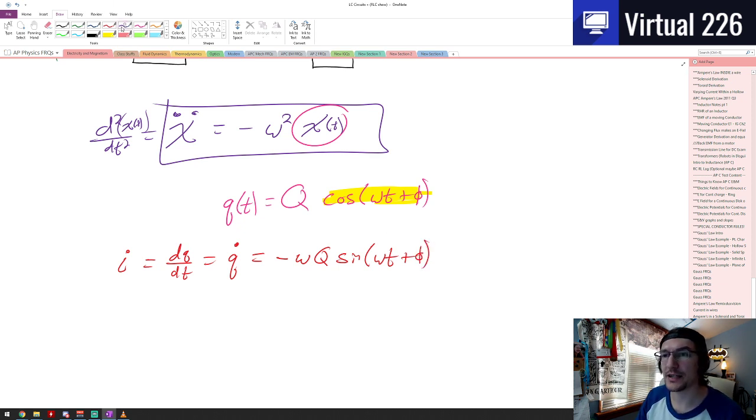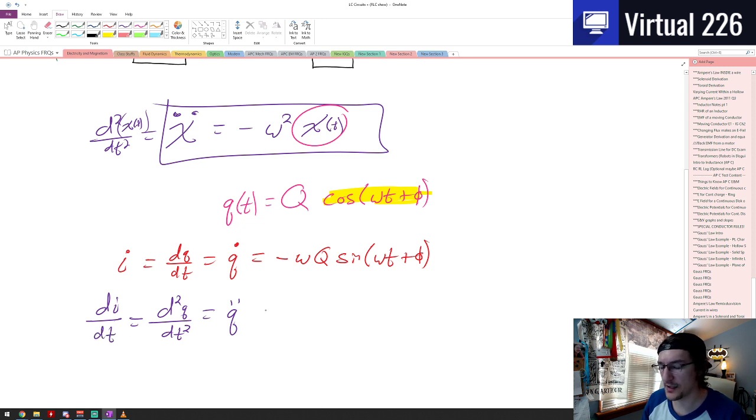If we took the derivative once again to get Q double dot, the second derivative of Q with respect to time, which we could also write as the first derivative of the current, this is going to equal negative omega squared Q cosine omega t plus phi.